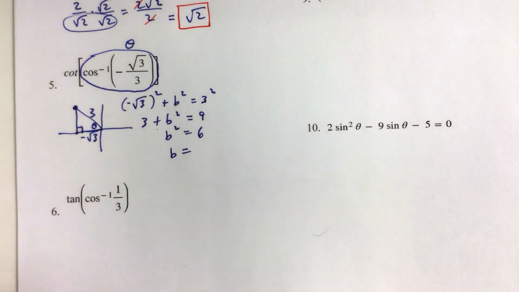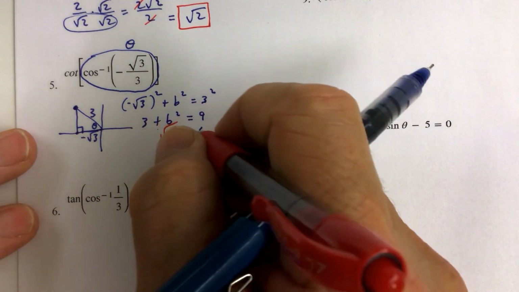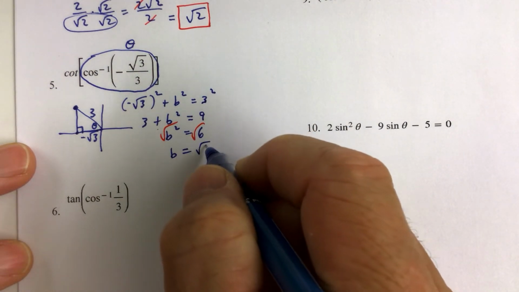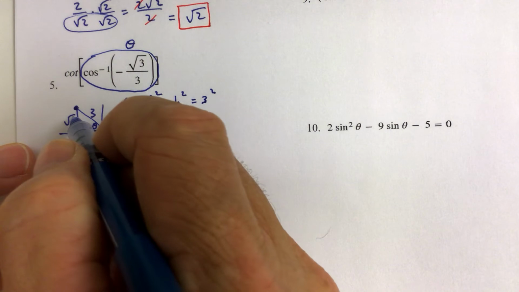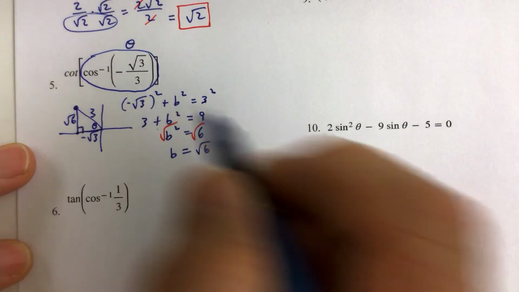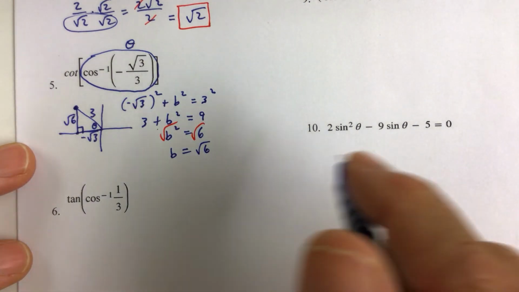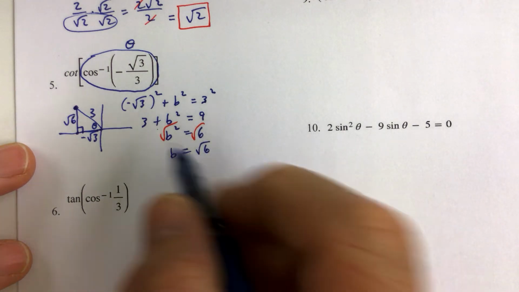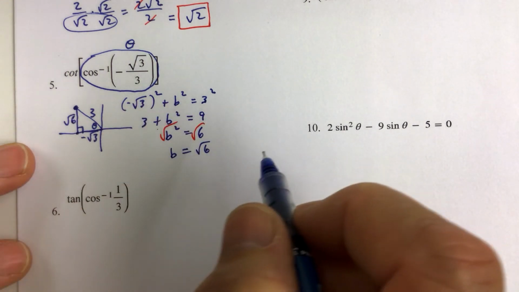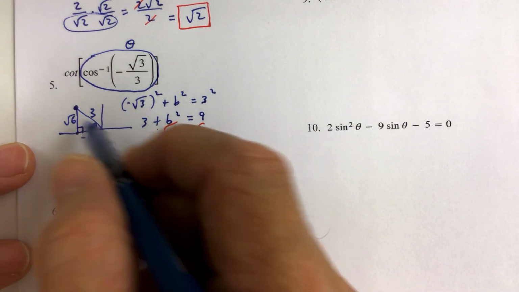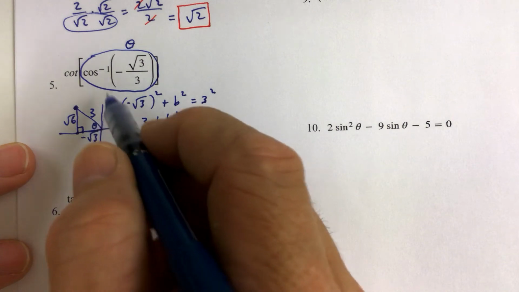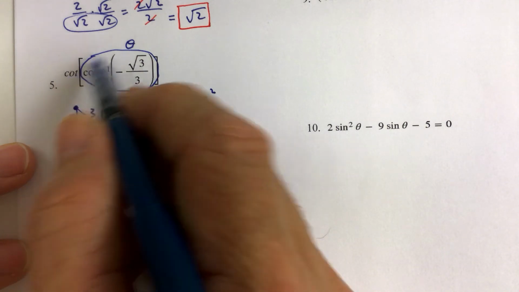Taking the square root of both sides, we get b equals, now normally solving an equation like that, we'd get plus or minus radical 6, but because that radical 6 is the length of a side of a triangle, we don't need plus or minus. It's just going to be one value, and if you go up, it's going to be positive. So that gets us the lengths of the sides of our triangle, and now we just have to figure out the cotangent of the angle.